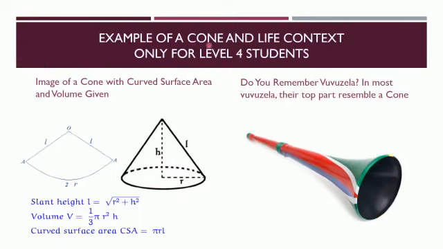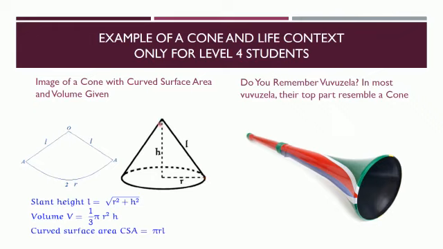Example of a cone and its life context. This is applicable only for level 4 students. The vuvuzela. If you look at the vuvuzela, the top part resembles the shape of a cone. In a cone, we have this line, which is what?